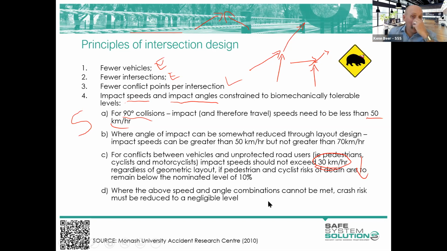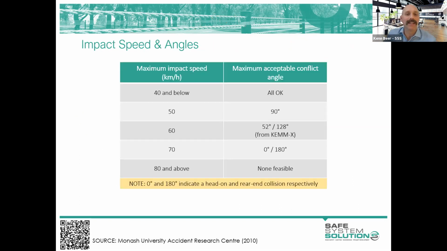And then when you can't meet these requirements, you're looking to reduce risk in other ways as you practically can. But in this ideal safe system world, if we've got intersections and we're trying to manage the energy, we either need to keep the speeds within these tolerable levels, or we need to look to grade separate or close the intersection.